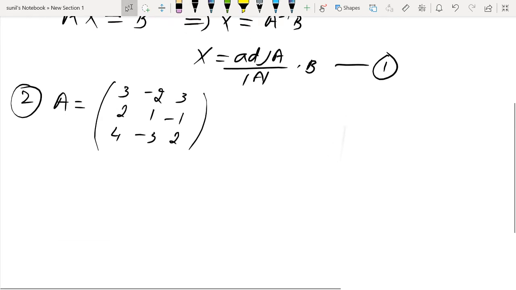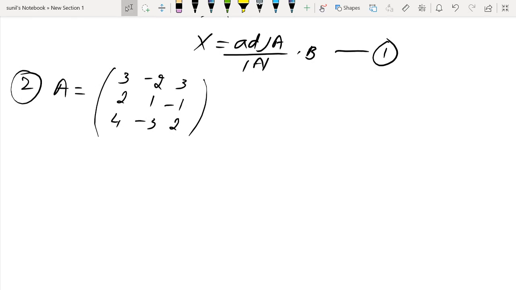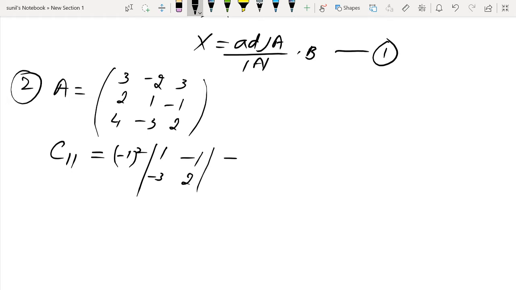Now we are going to calculate the cofactors. First C11: deleting the first row and first column, minus 1 raised to power 2, that is 2 minus 3, that is minus 1.